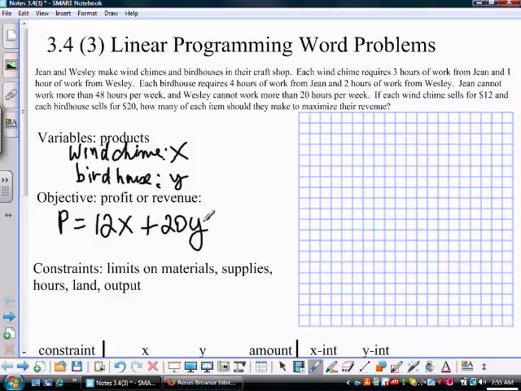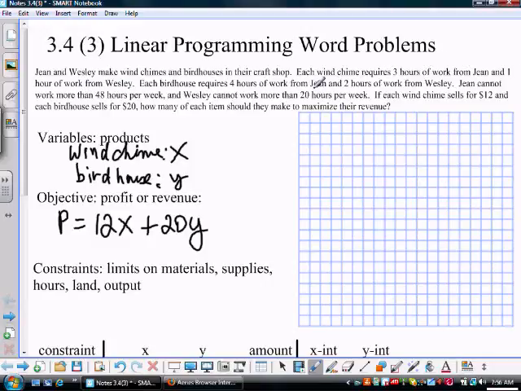All right, now my constraints. What you do for the word problem is go back and look at any limits that you see on materials or supplies or hours or time or possibly your land, or sometimes you just have some limits on how much you can output in a week or how much you need to output a week. So I'm going to go back and see if I can find any limits here. Each wind chime requires some work from Jean and Wesley.